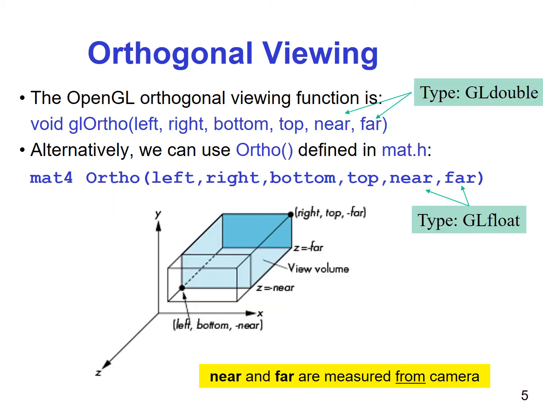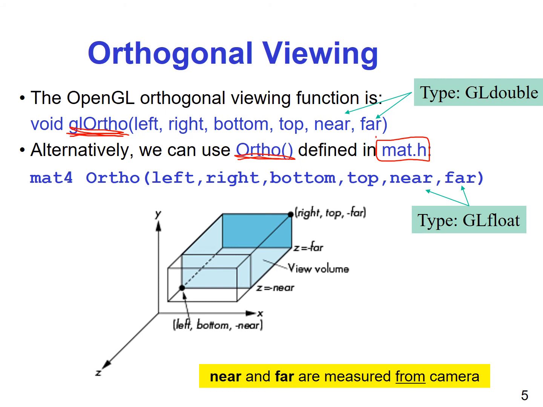So the OpenGL orthographic viewing function is called glOrtho. Right, so this will set up the orthographic view. Alternatively, if you want a little bit more control, you can use the simple Ortho function from mat.h. Now notice that for most functions in the core library that start with GL, like glOrtho or glLookAt, mat.h provides an alternative which just skips the GL part, and more or less the parameters are similar.